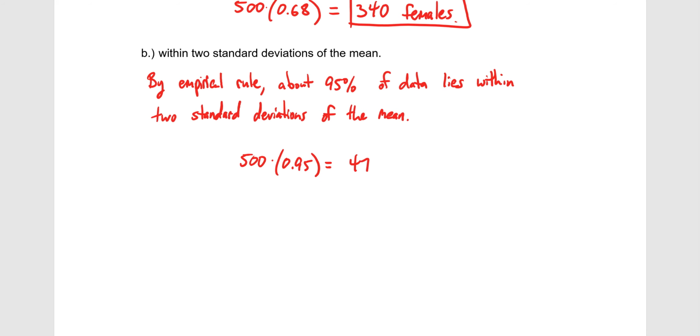And that is going to give us 475 females. So about 475 females lie within 2 standard deviations from the mean.